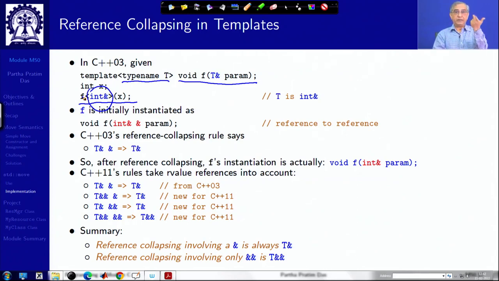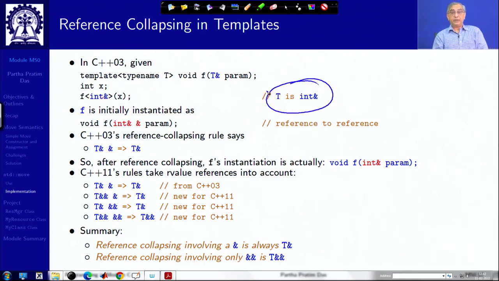So, its type is int ampersand, right. Now, this will deduce that T is int ampersand. So, what happens in the body of the function? What you are calling f as is int ampersand, which you have resolved T to be, and then the ampersand that already exists.